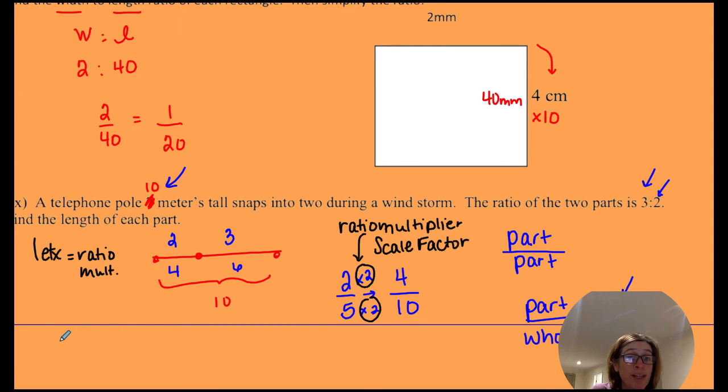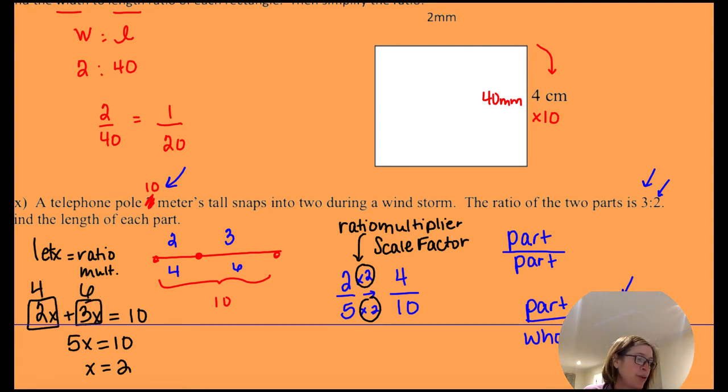And so you could write an equation. You could say 2x plus 3x has to equal 10. And then you'd get 5x equals 10. So x equals 2. So the multiplier is 2. Then this would be 2 times 2, which is 4. And this would be 3 times 2, which is 6. That is another way to do it. It's called an extended ratio, okay?